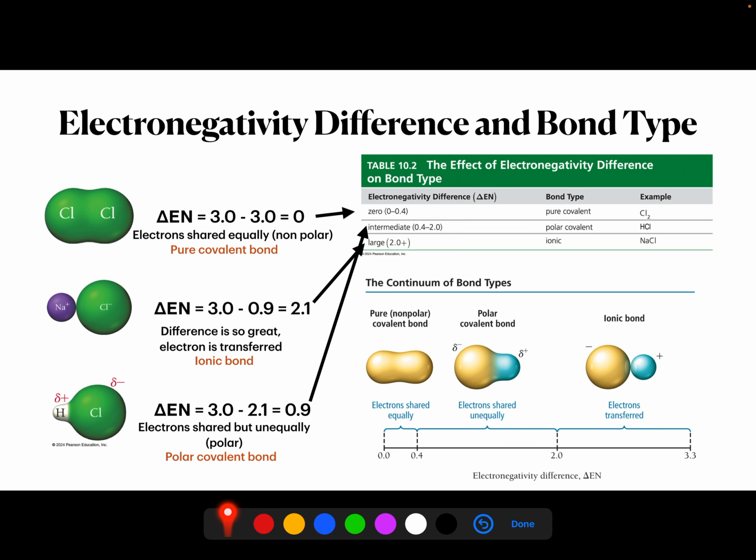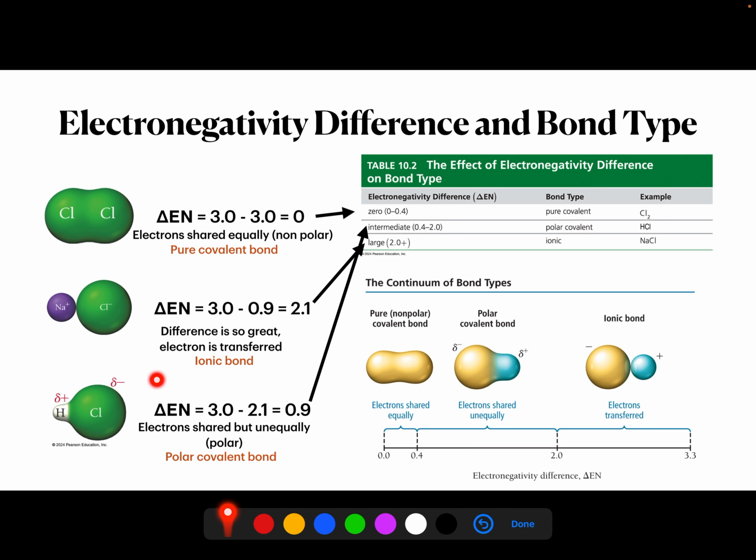So in our first example on the previous slide, we can see our two chlorine atoms, and we can see the electronegativity difference of 0, and that they are completely shared equally. This is a pure covalent bond. This falls under the range of electronegativity difference of 0 to 0.4, and anything in that range, we're going to say they're sharing those electrons pretty darn equally, and that is a purely covalent bond or a nonpolar bond.